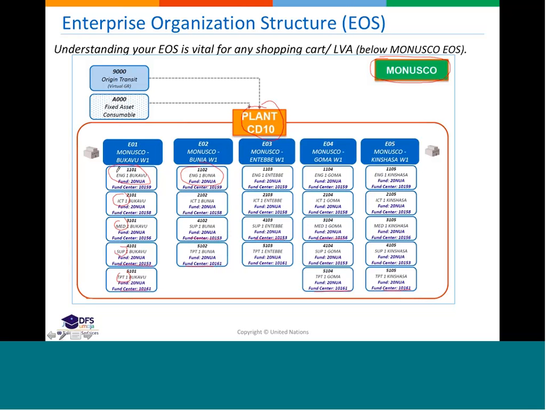In other words, you will only have to select the storage location represented by 4 numbers, and the fund center will automatically be derived. You don't need to find out what is the fund center assigned to the storage location. These are key elements in raising the shopping carts, and further details can be found in a job aid.